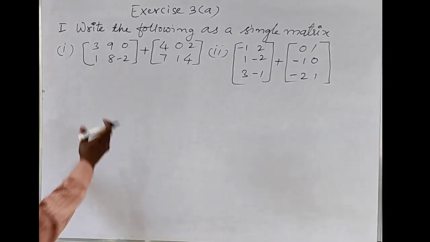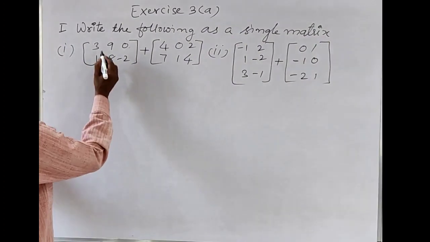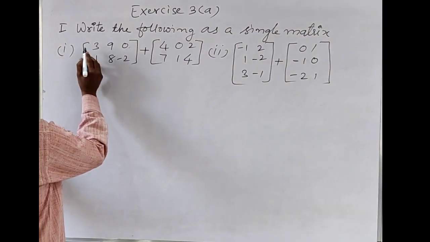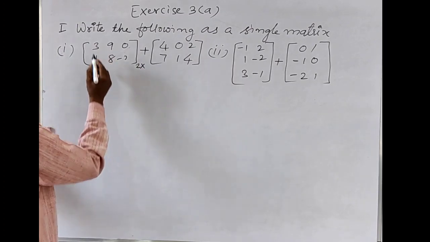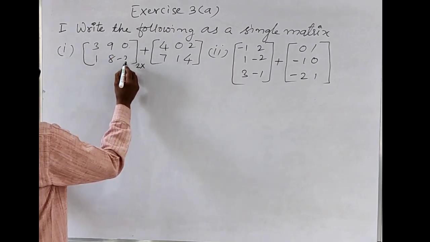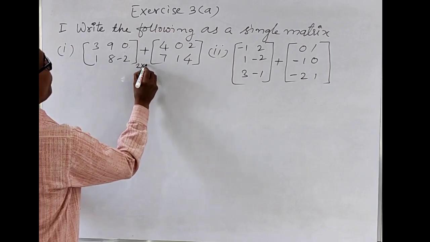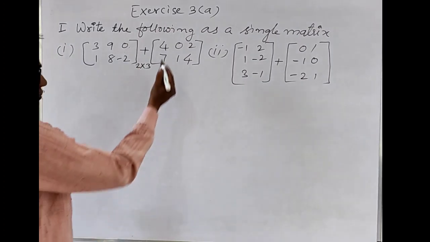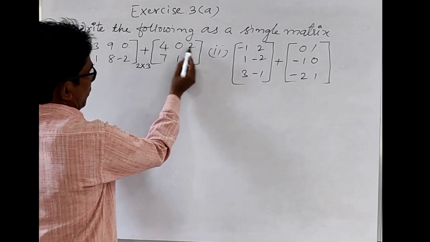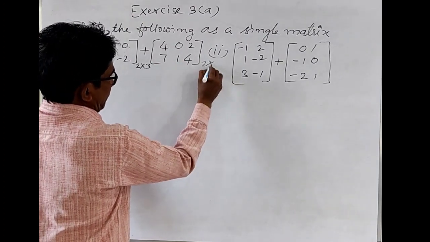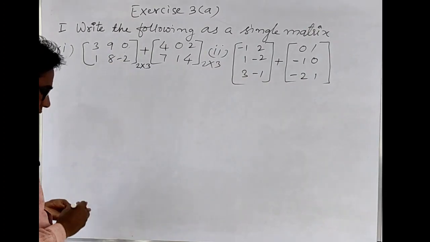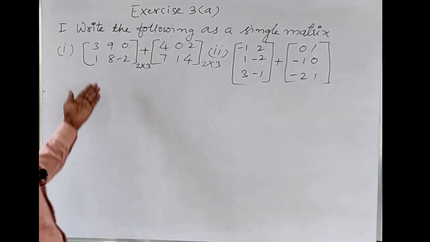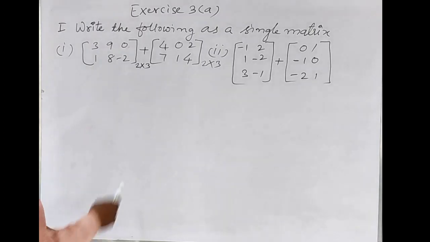Now let us see the order of the given matrix. So order of this matrix is 1 row, 2 row, and how many columns? 1 column, 2 column, 3 column. Okay. So what about this? 1 row, 2 row. Column, 1 column, 2 column, 3 column. Therefore addition of these matrices is possible.